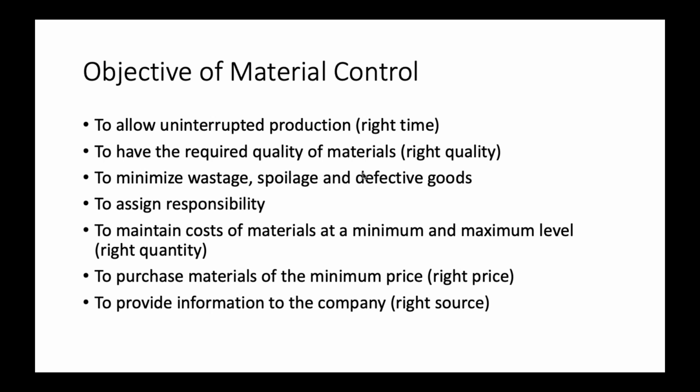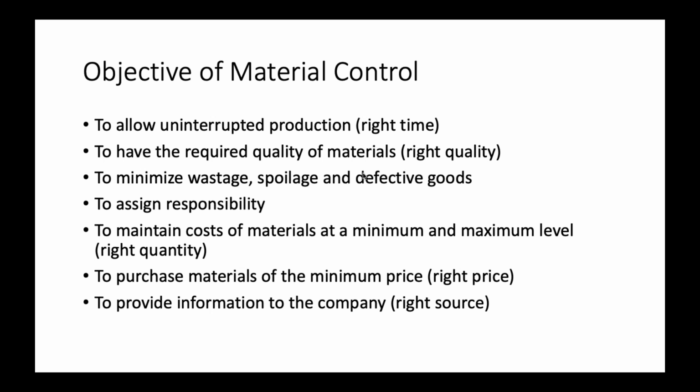One of the objectives of material controls is to allow uninterrupted production, because if we are producing goods and we need to meet deadlines for the delivery of those goods, the materials that we need should be provided to the production department smoothly in a continuous manner.